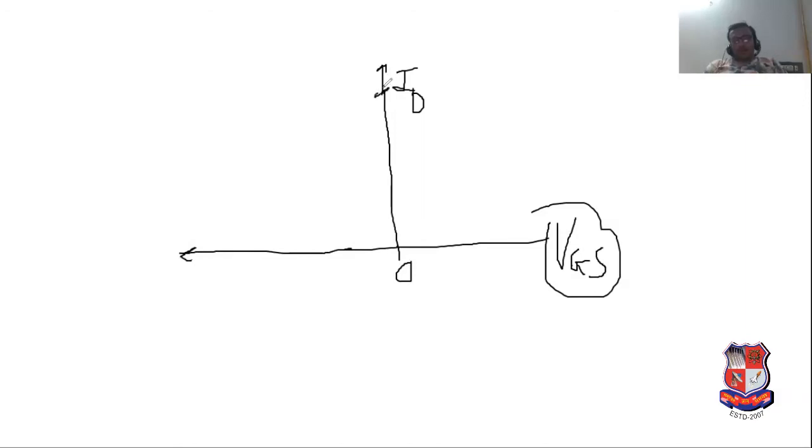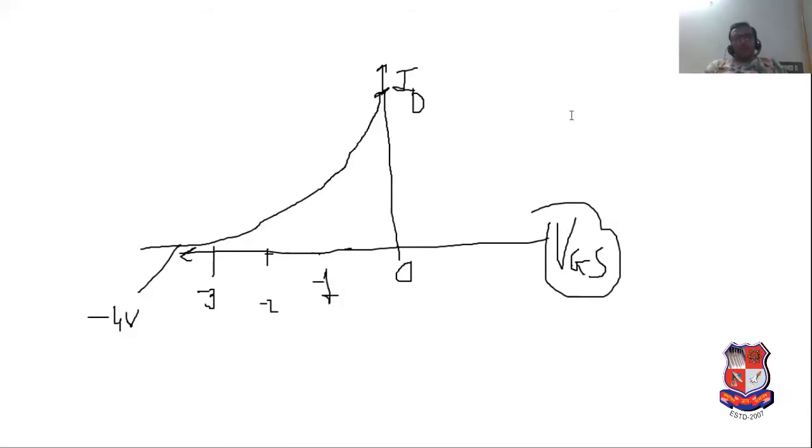Now VGS equal to minus 1 volt, so the current decreases. Here consider minus 2 volt, minus 3 volt, minus 4 volt. So if we increase the gate to source volt, then drain current is reduced to 0.